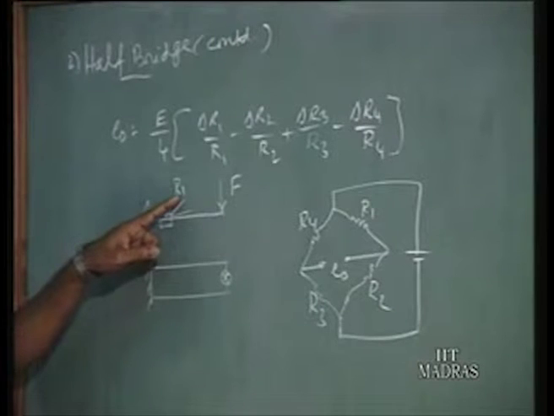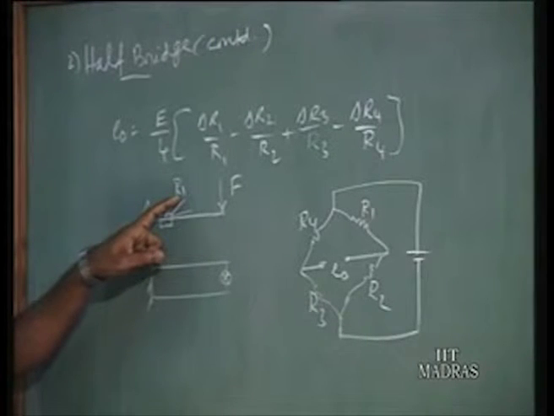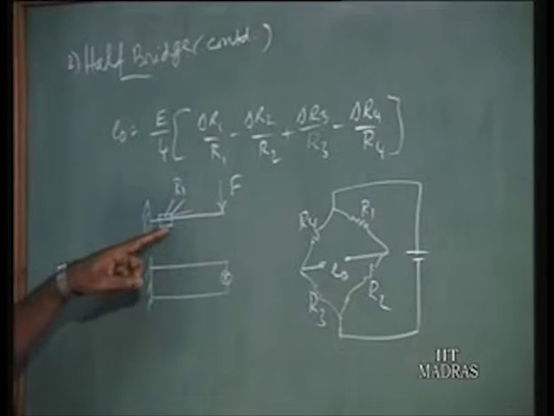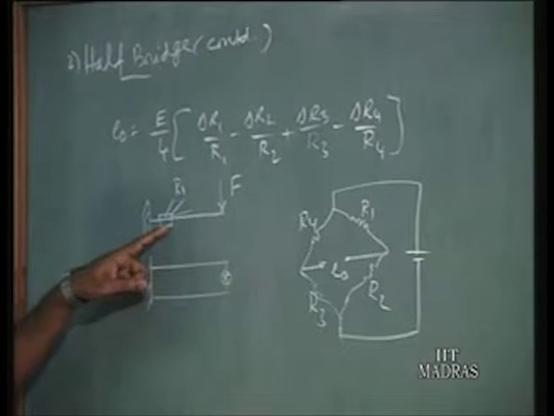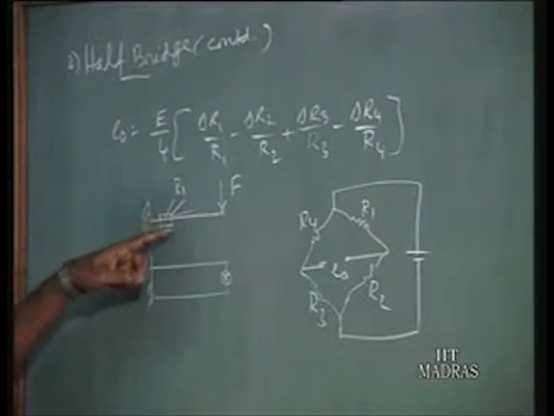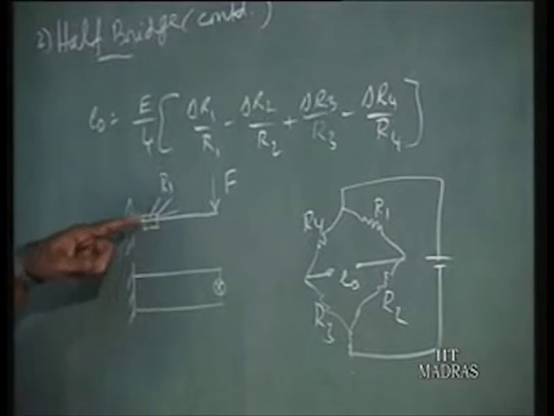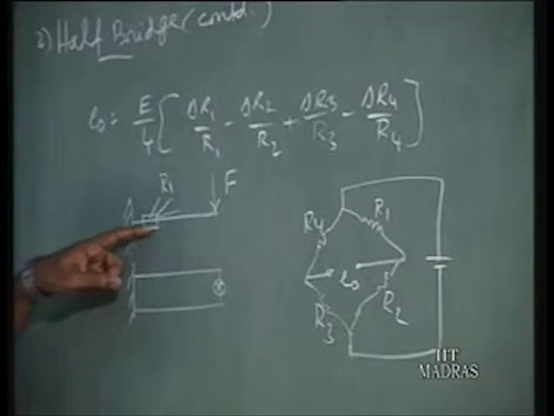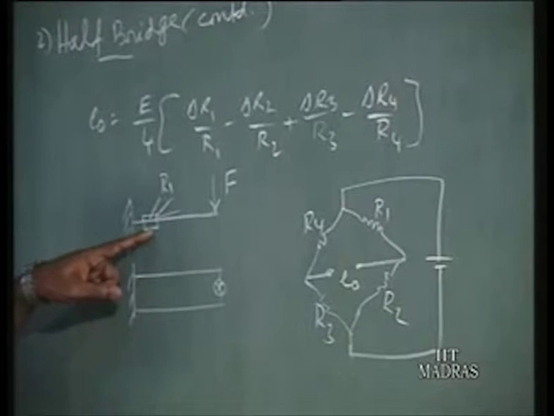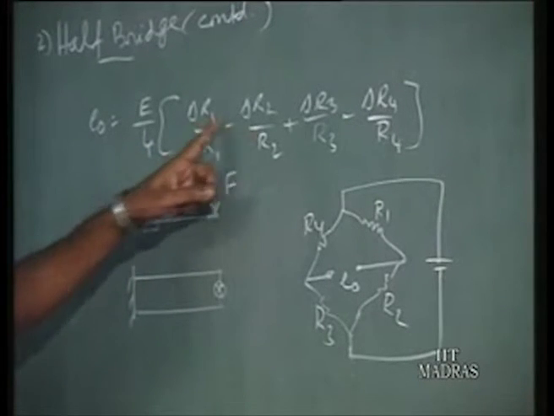Tensile strain gives rise to an increase in resistance, and compressive strain decreases the resistance. So it is opposite polarity. When resistance increases in one, at the same time the other strain gauge resistance decreases. So opposite polarity, and you should connect these to adjacent arms.